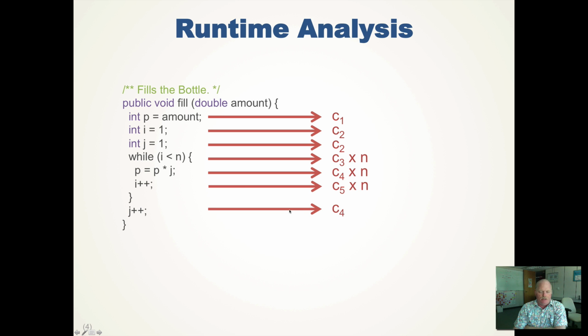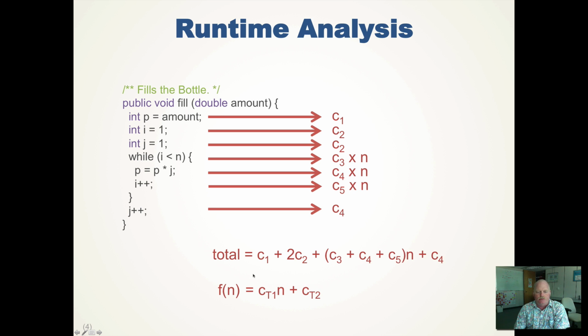So we have some things that only occur once, and then we have some things that occur n times. So the total amount of time is, again, these constant times plus the inside of the loop, where C3, C4, C5 occur n times. So what is that reduced to?